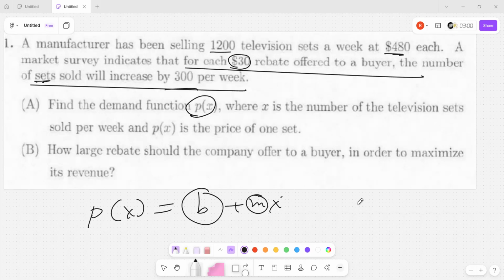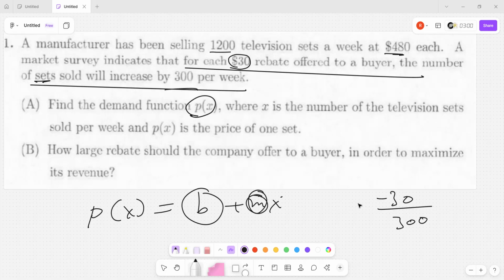He already told me that for every $30 rebate, 300 more television sets will be sold every week, okay? So that means the slope will be negative 30 as a rebate or discount over 300. So this is my slope.